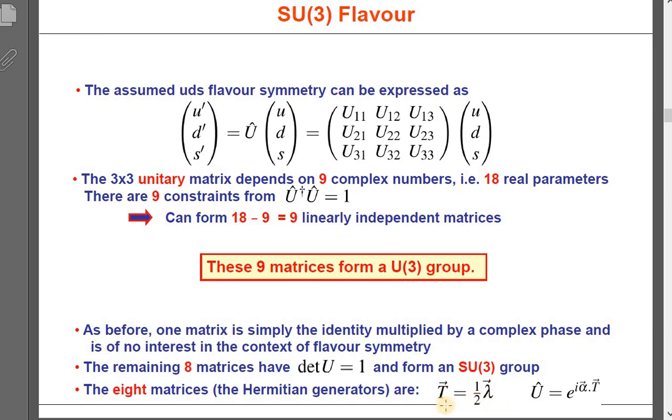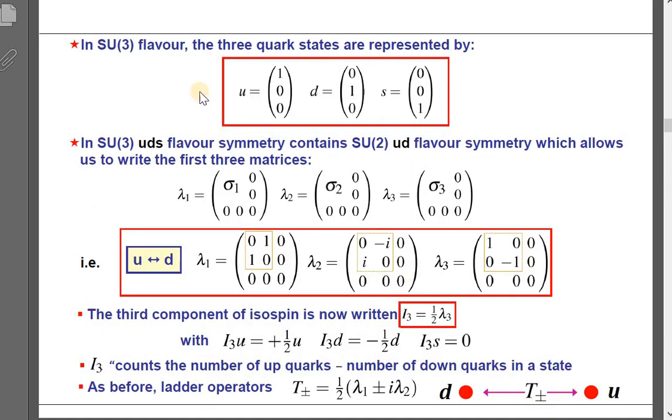Sometimes I write F, but most of the talk I will be using T here. And this is also the standard operator notation. In the SU3 flavor, I can write the 3 quarks like this: u, d and s, (1 0 0), (0 1 0) and (0 0 1), in the simplest form.